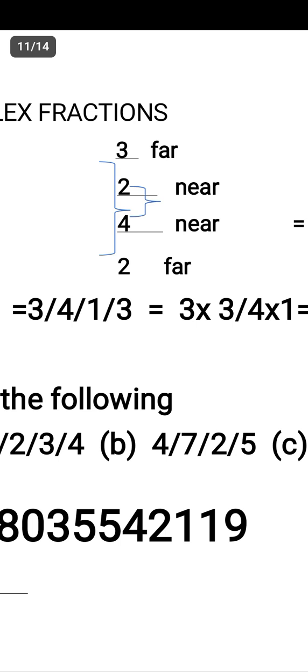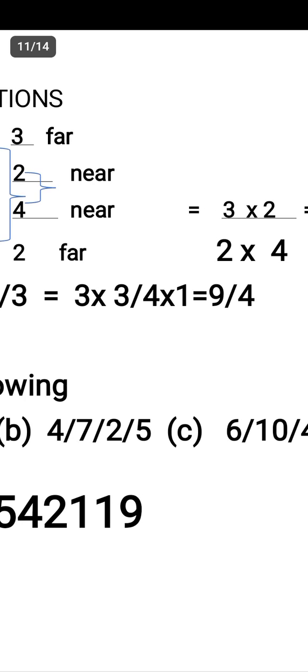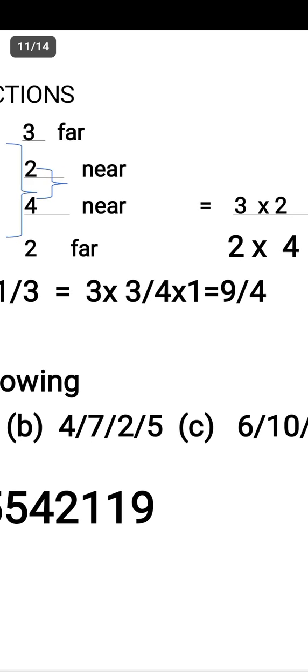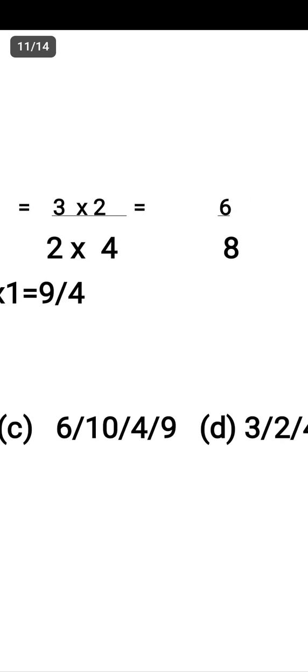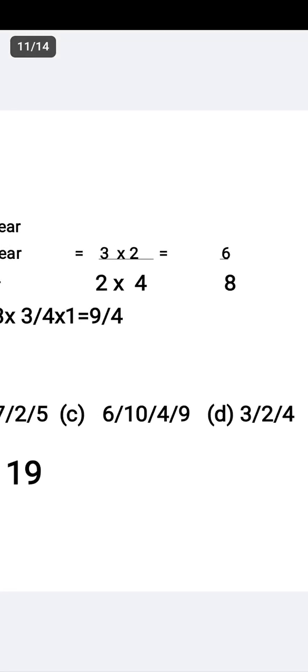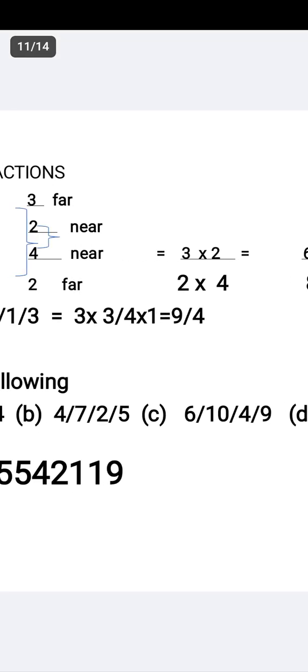It is the same thing as saying top times bottom, over middle times middle. Fafa 3 times 2 over Nene 2 times 4. Automatically, without doing any calculation, you arrive at 3 times 2 over 2 times 4, which is equal to what? 6/8.